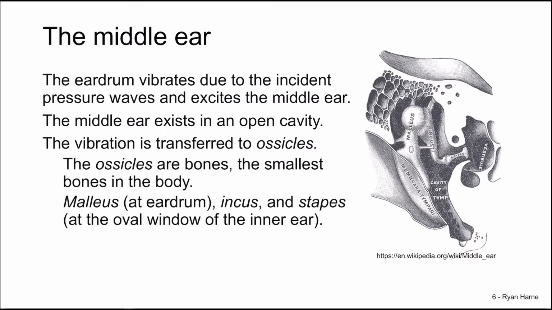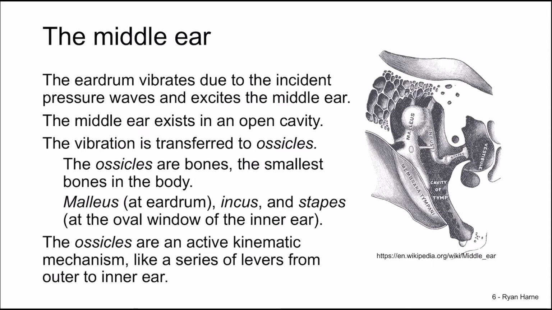And the vibration from the tympanic membrane or eardrum causes these ossicles to vibrate. The ossicles are bones. They are the smallest bones in the human body. The ossicles are the malleus, which interfaces with the eardrum, the incus, and the stapes. The stapes interfaces with what's called the oval window of the inner ear, and we'll talk about that soon.